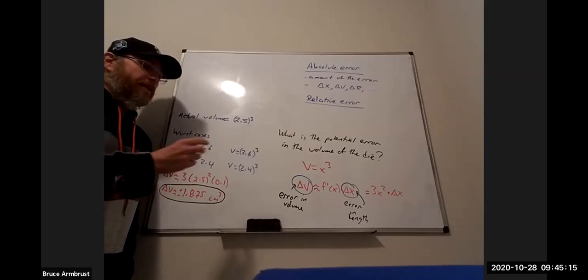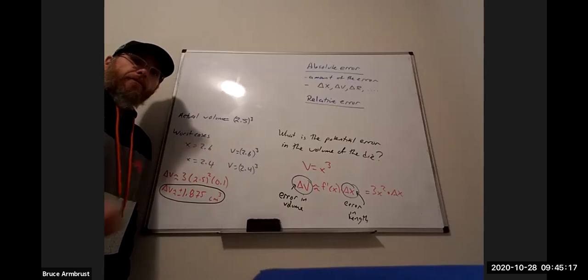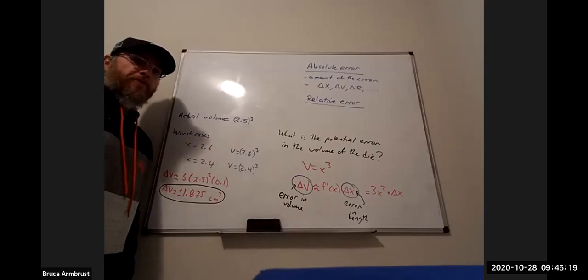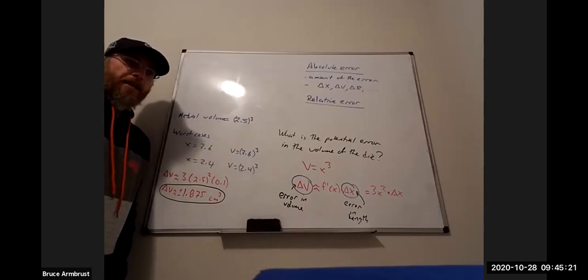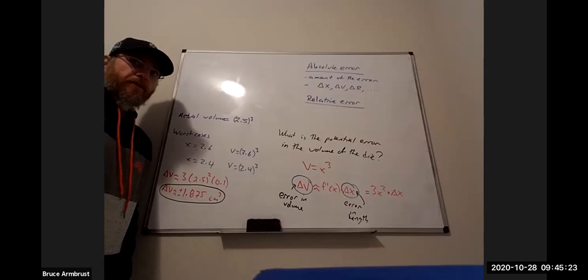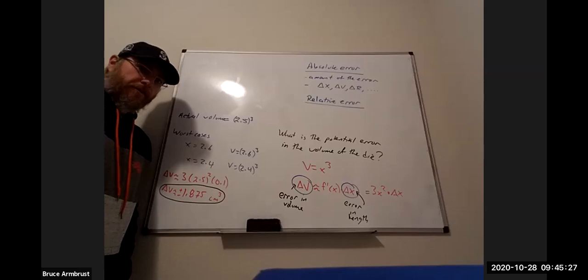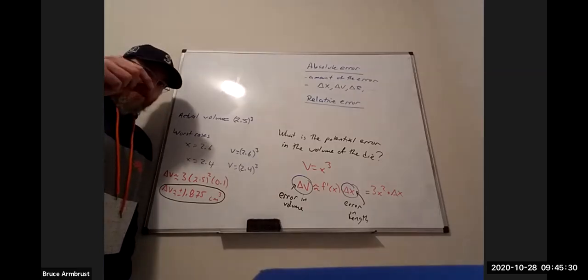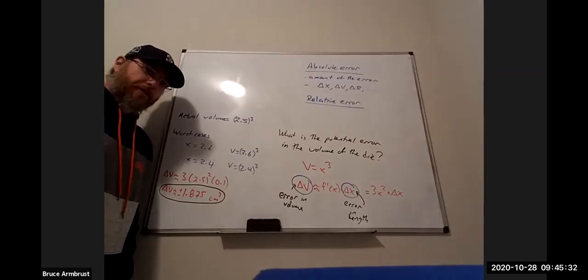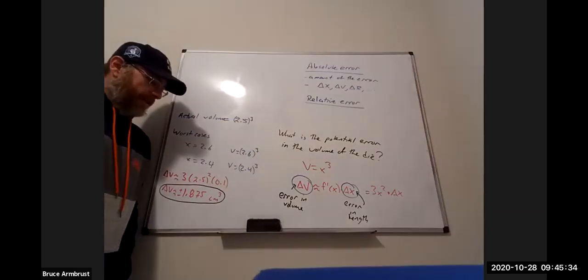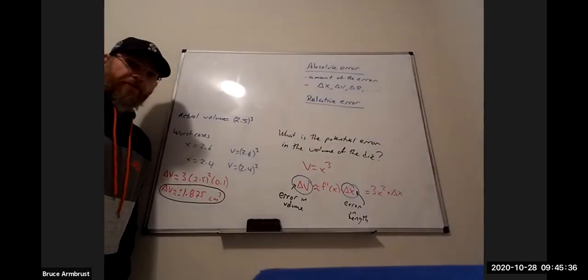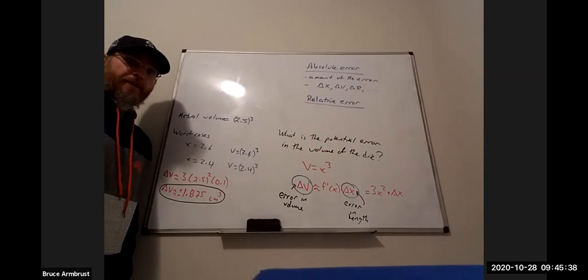Okay, well, what if now we're not talking about the volume of a die, but the volume of a pinhead? Think about a little stick pin, and you know how they make the little balls on the ends of those? What if we're off on the measurement of that by 1.875 cubic centimeters?